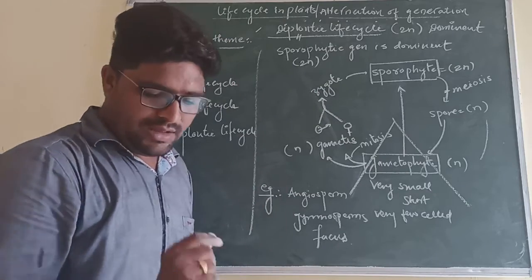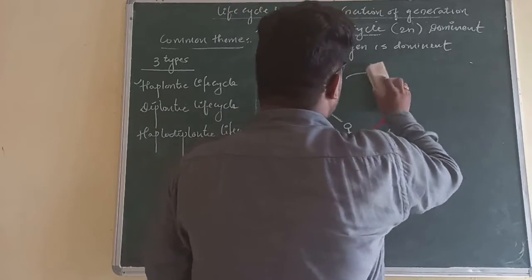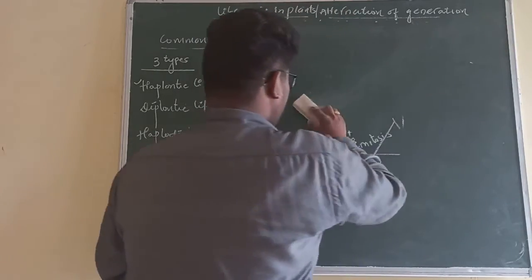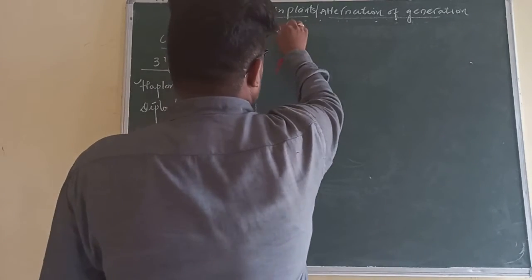Very simple. Now, the third one is the haplodiplontic life cycle.